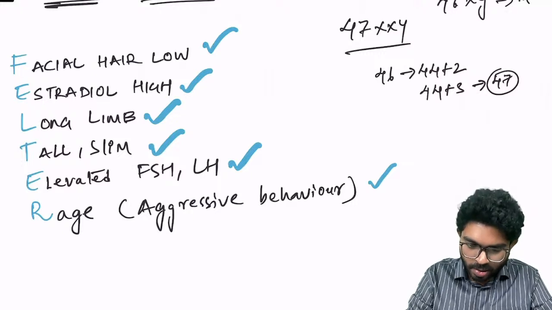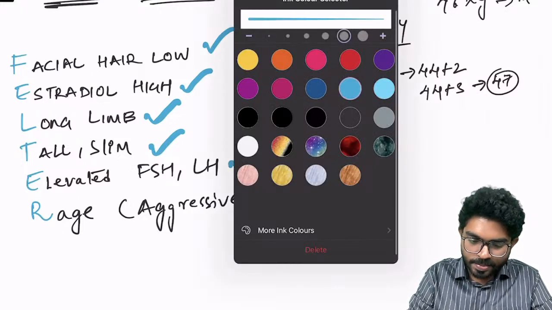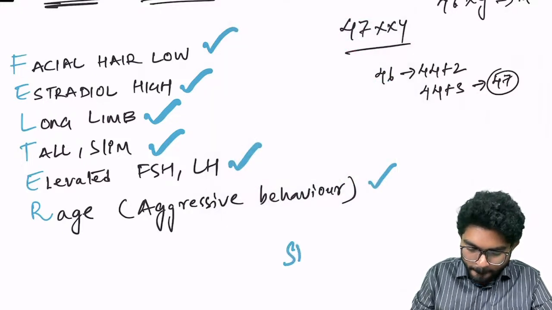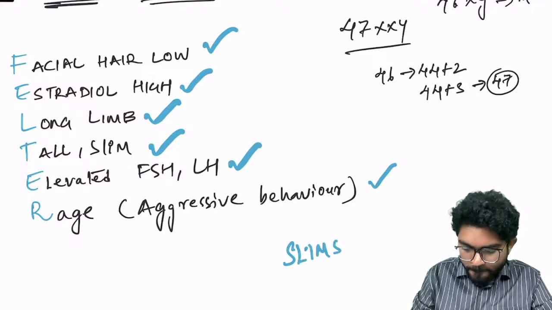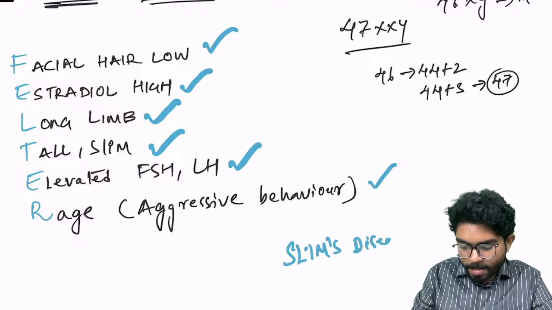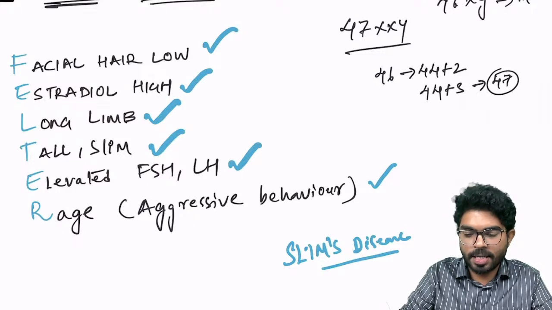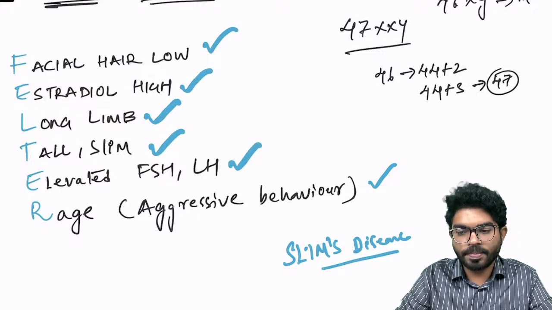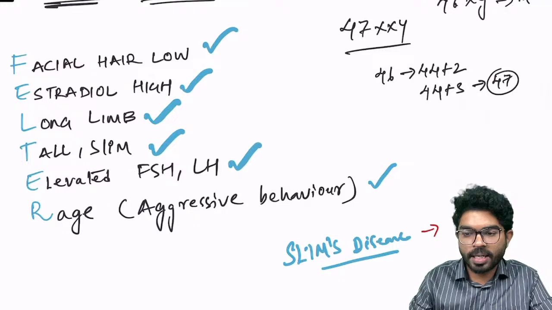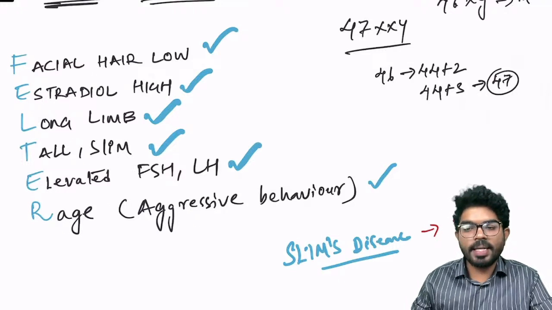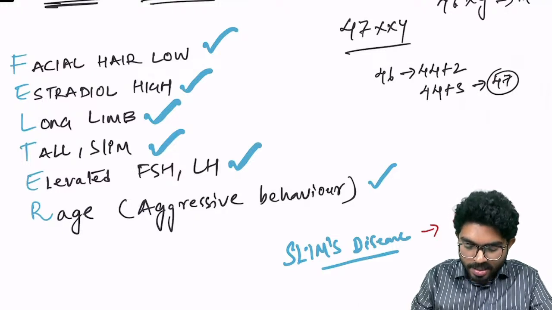Can you tell me what is Slim's disease? Yesterday we discussed it on the group. Slim's disease is nothing but AIDS. AIDS is called Slim's disease. What is Still's disease?